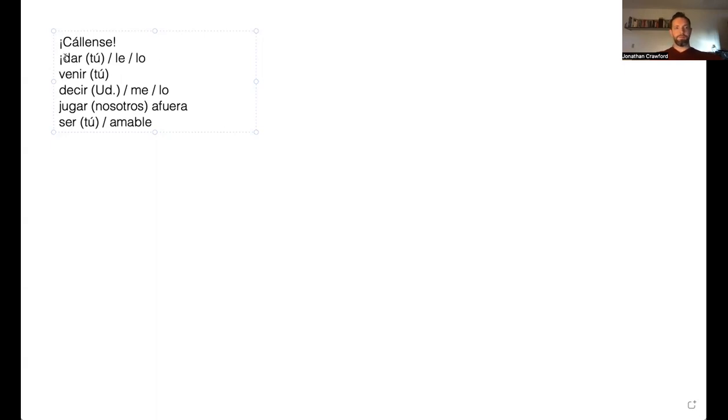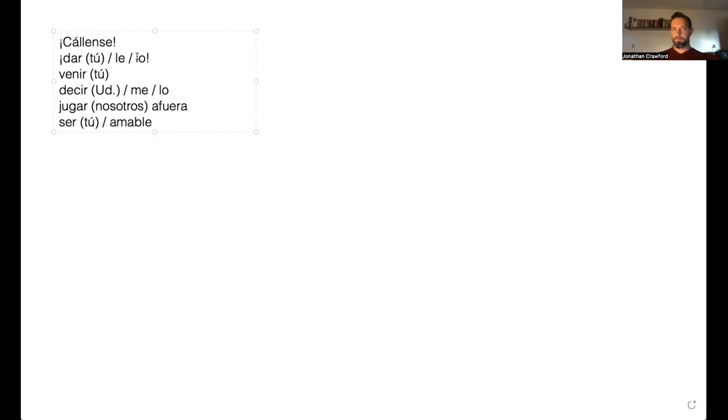All right. So dar le lo. Remember, this means give. Le refers to the indirect object, which would be like the person, him or her. So this is an indirect object pronoun.